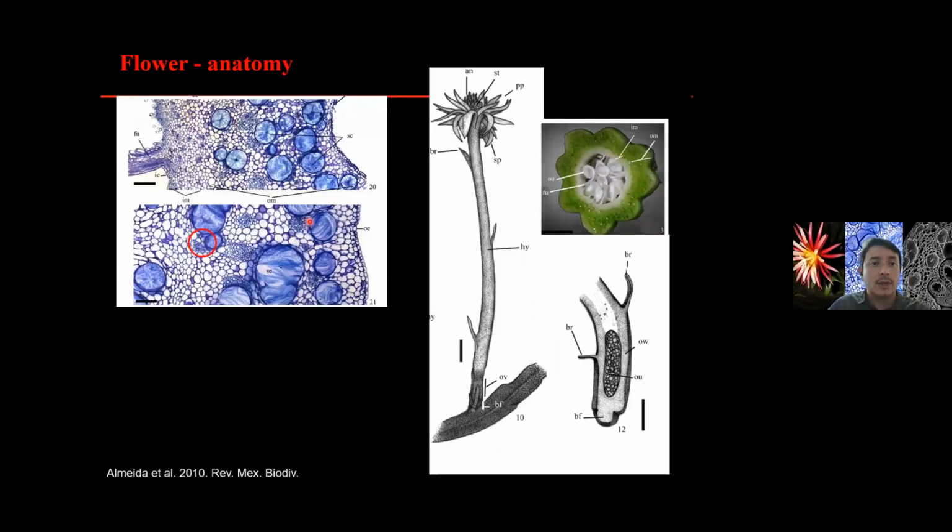And when you look at the base of the flower in the ovary region, as I said before, we know that the external part is the pericarpel, and the internal part is the carpel itself that bears the ovules. But the anatomical boundary between the pericarpel and the carpel is very complicated, to say where one finishes and another starts.